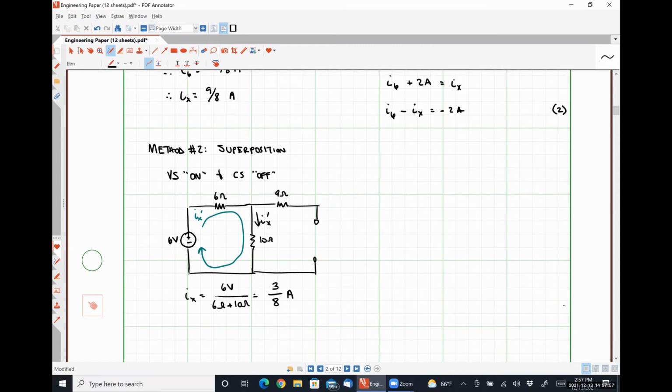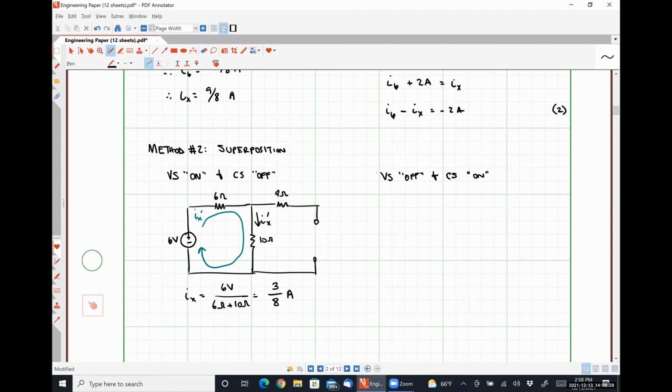We'll analyze the circuit again with our voltage source off and our current source on. So if we turned a current source off by replacing it with an open circuit, which forces the amount of current flowing through that branch to be 0, how do you guys think we should turn a voltage source off?